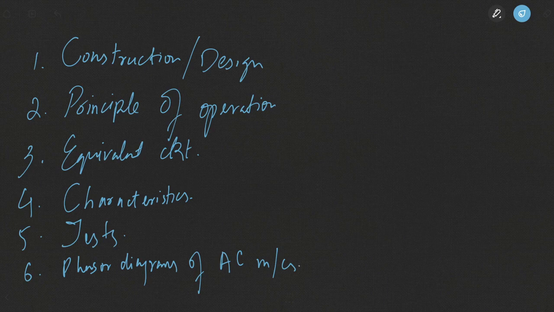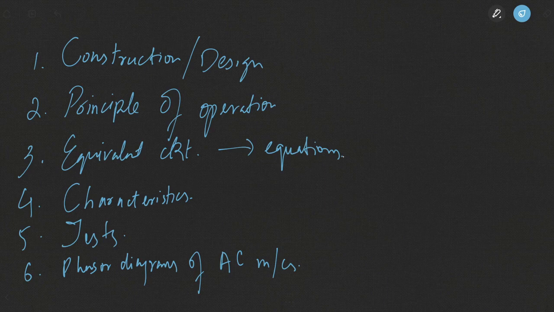That's transformers, motors, the induction machines, and the synchronous machines. So you have all these things that we'll be looking into. We'll be looking at different equations that will be derived from the equivalent circuit of different types of machines. These will be the voltage equations, the EMF equations, the speed equations, the torque equations, different types of equations, the characteristics, tests, and phasor diagrams of AC machines.